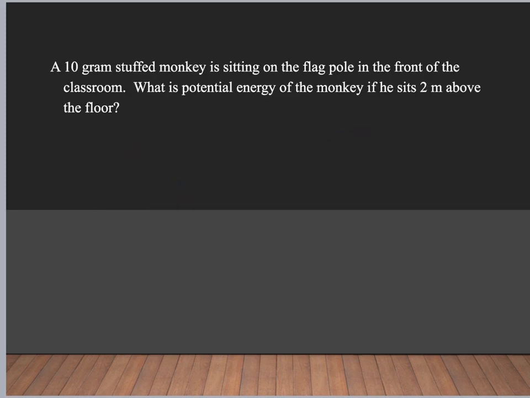The equation for potential, since we want potential energy, is mgh. So remember, height is what really affects the energy of the object. What would the mass be that I have to use?